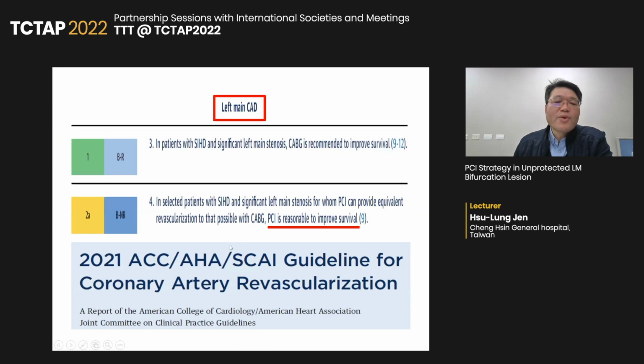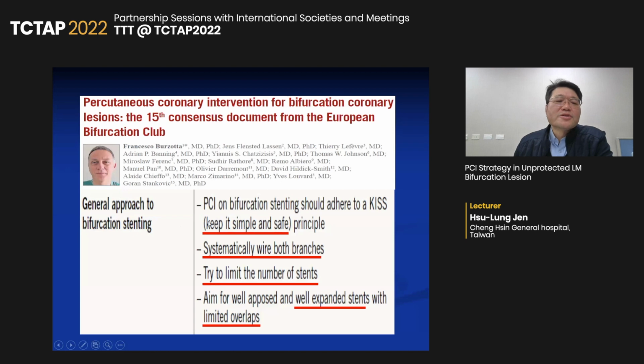The 2021 ACC/AHA guideline also recommends PCI as reasonable to improve survival, as a class 2A indication. So how do we generally approach true bifurcation stenting?